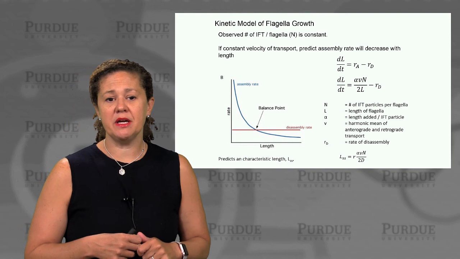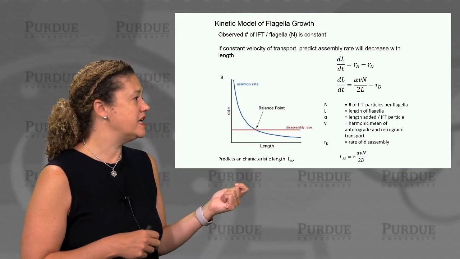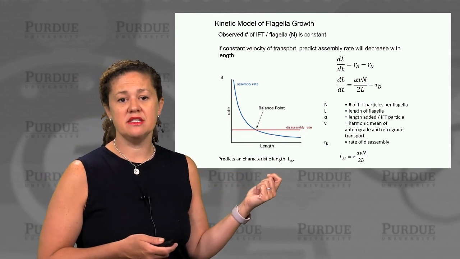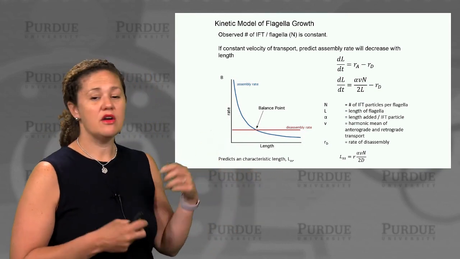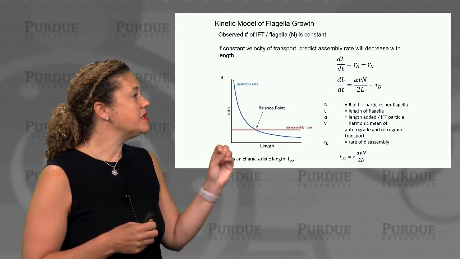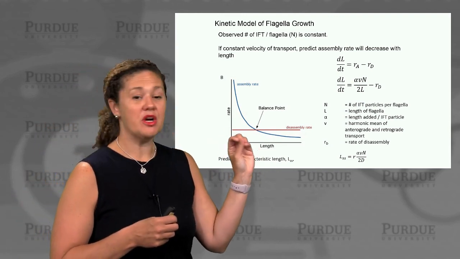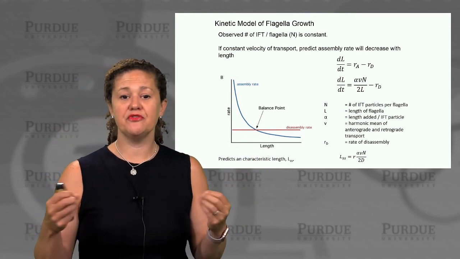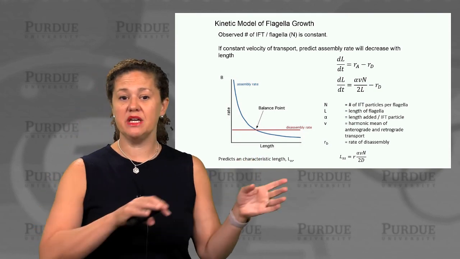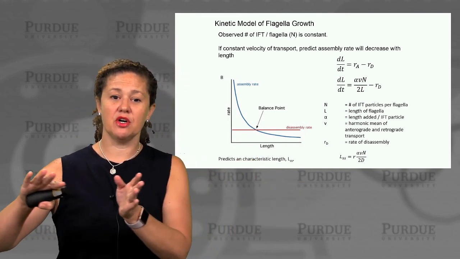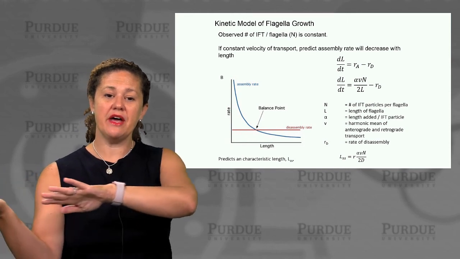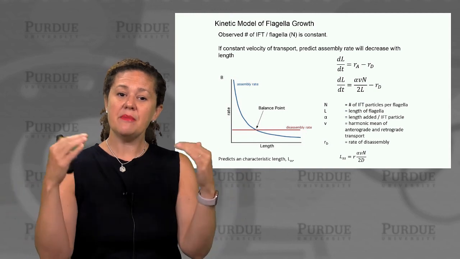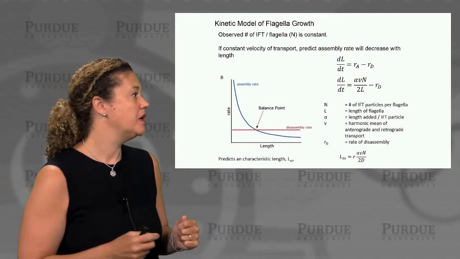Based on those biochemical studies monitoring the kinetics of flagella growth, we can write a term for the assembly rate, where the rate of assembly is going to be dependent upon that number n that we saw measured in the last slide, the number of IFT particles per flagella, divided by 2, because half the IFT particles are going toward the tip, half of them are coming back, right? So of the total number on any given flagella that we count, about half of them are going to be going towards the tip for assembly.